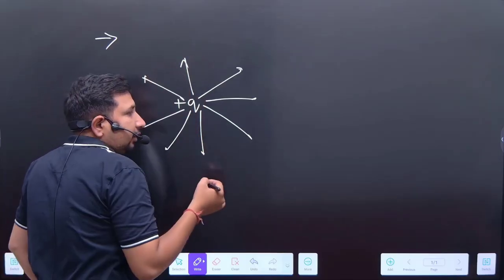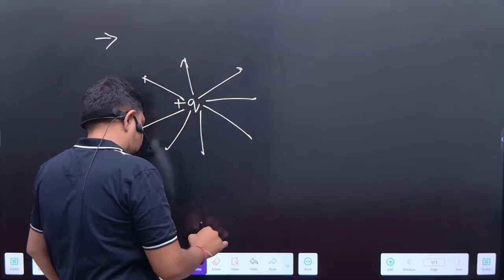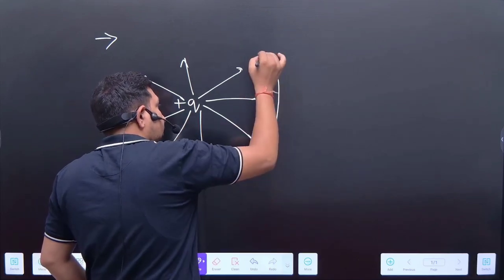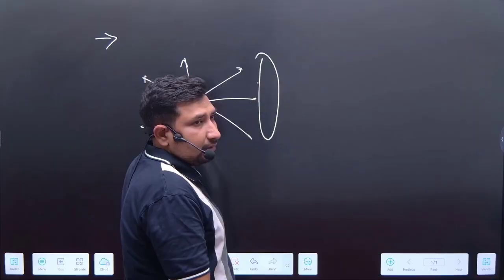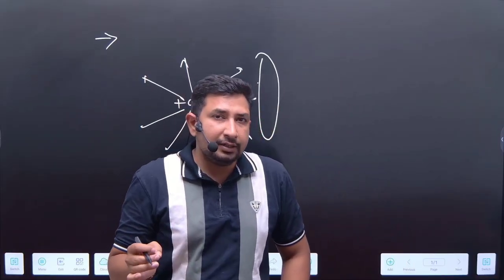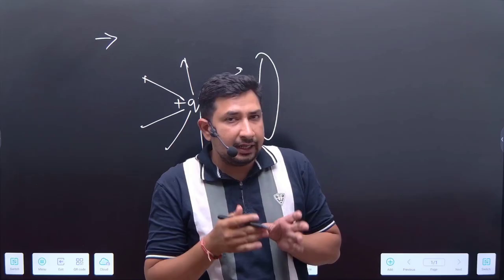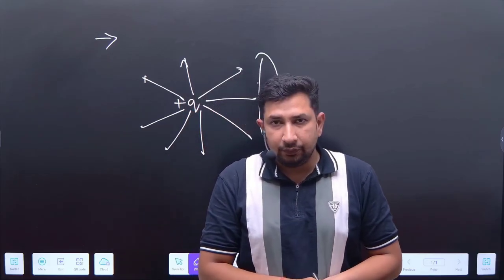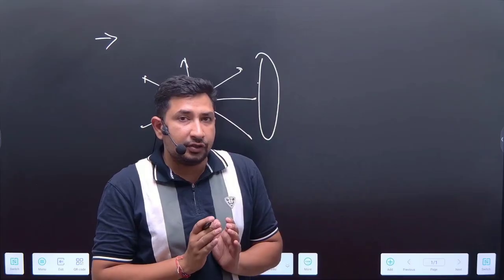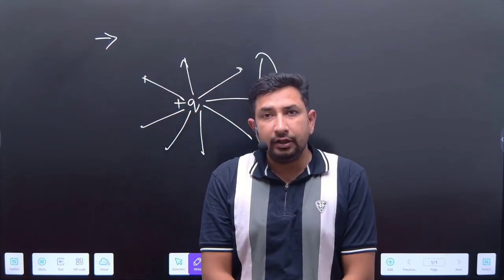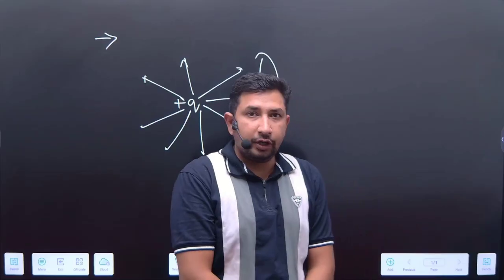That electrical field, if it passes through an area, gives us some flux. So we can say that the total number of field lines crossing an area is called flux. Flux is the number of field lines crossing an area, okay?